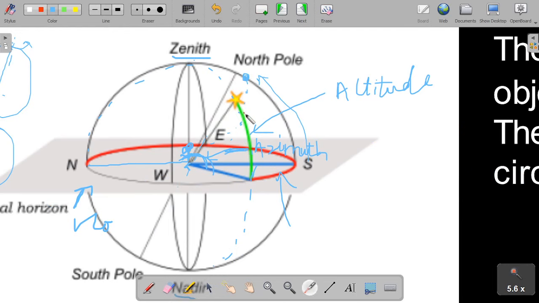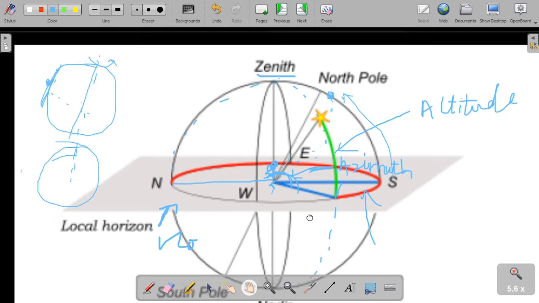Okay, so the altitude is basically the angle made by the star with the horizon, or basically the line connecting the star and the observer with the horizon. Okay, so the green thingy is the altitude.